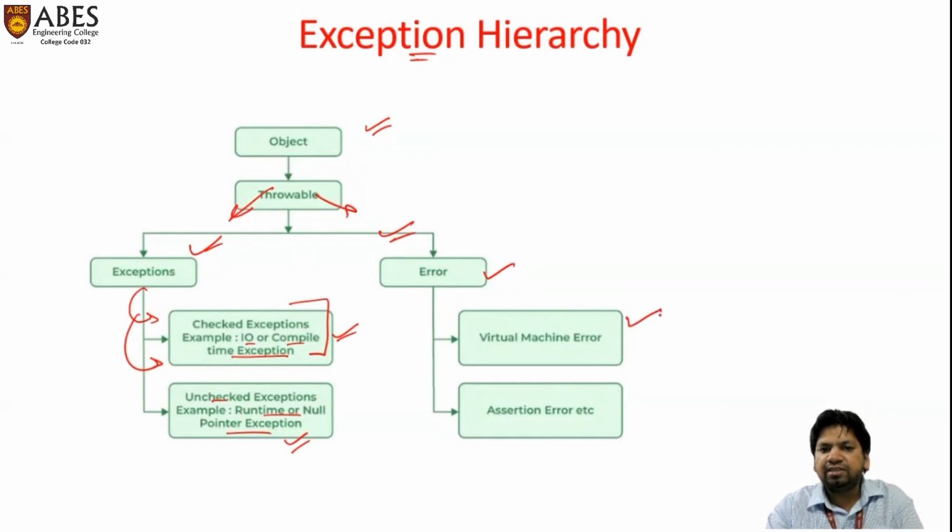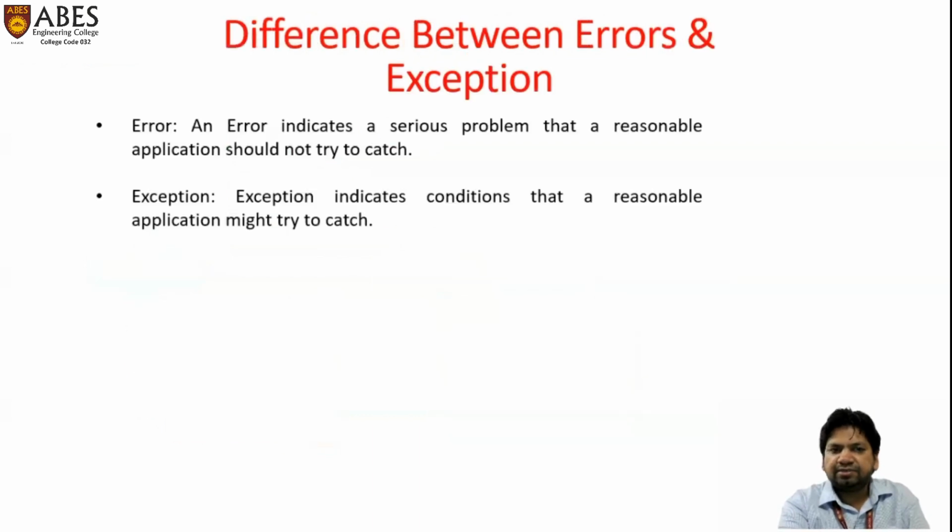One is virtual machine error and the other is assertion error, which we have discussed. The memory leakage, stack overflow, this type of error. It means the object class is divided into two types, exceptions and errors, and exceptions are divided into checked and unchecked exceptions, and errors are divided into virtual machine error and assertion error, etc.